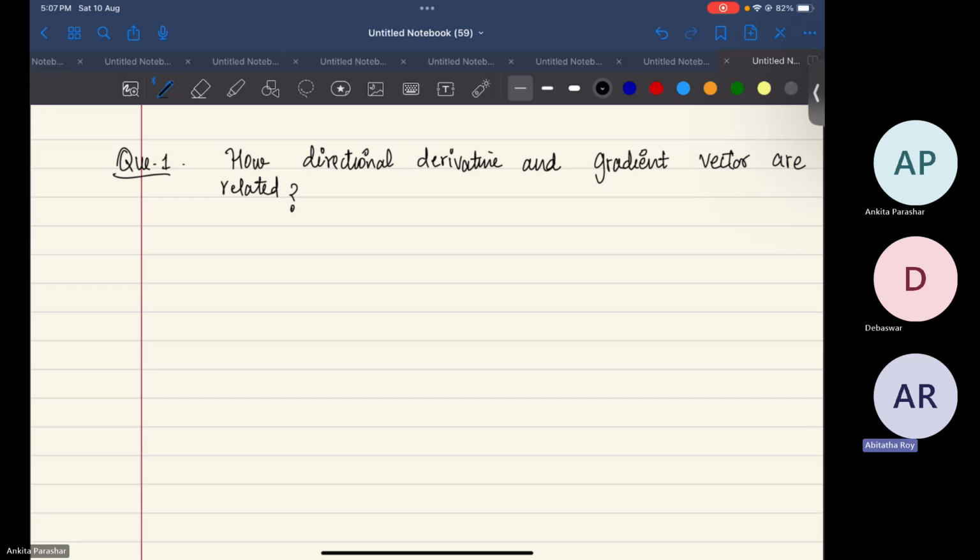The gradient vector is perpendicular to the tangent plane at the point. Yeah, that's right. This is what it means geometrically. But if you see the formula for finding the directional derivative and the way you write the gradient vector, there is a relation. Gradient basically helps you to find the directional derivative, if you remember.